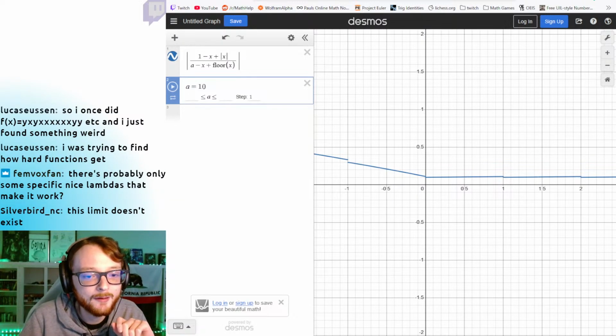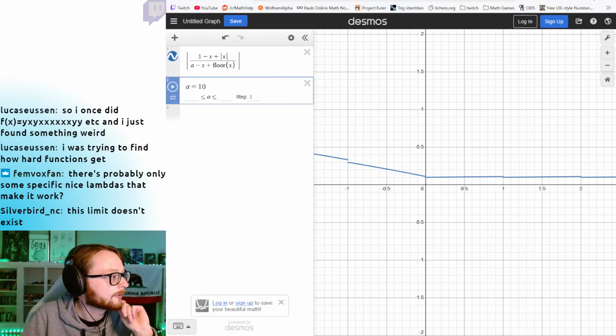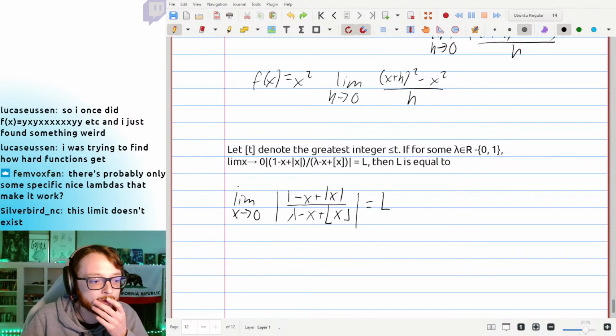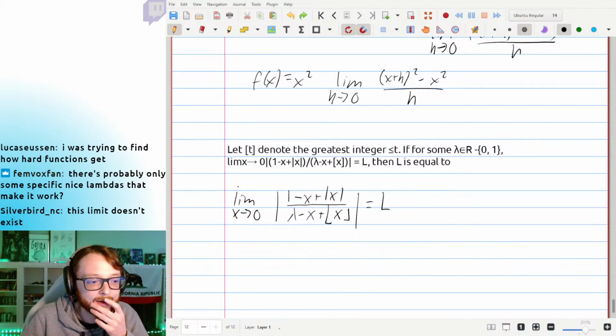JD, I think it means set subtraction. It's all the real numbers except for numbers between 0 and 1, is how I'm interpreting that. Yeah, Silverbird, that seems to be what's happening.